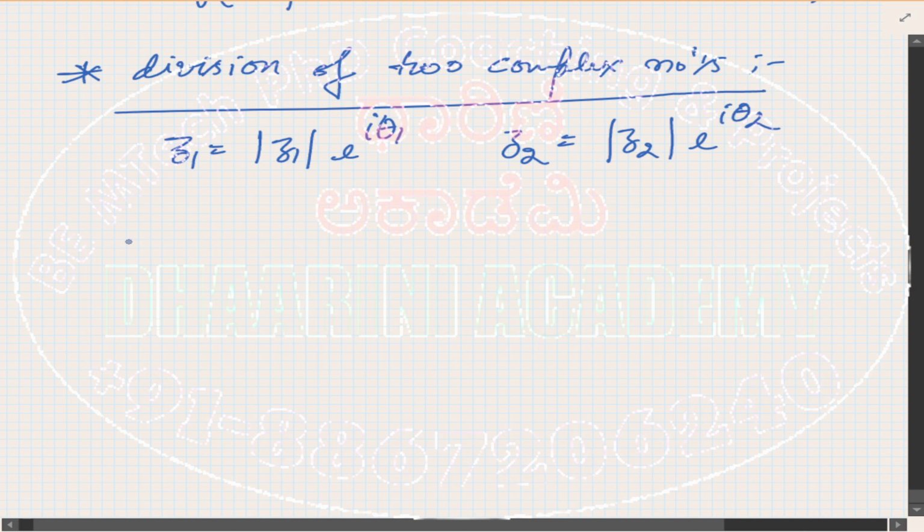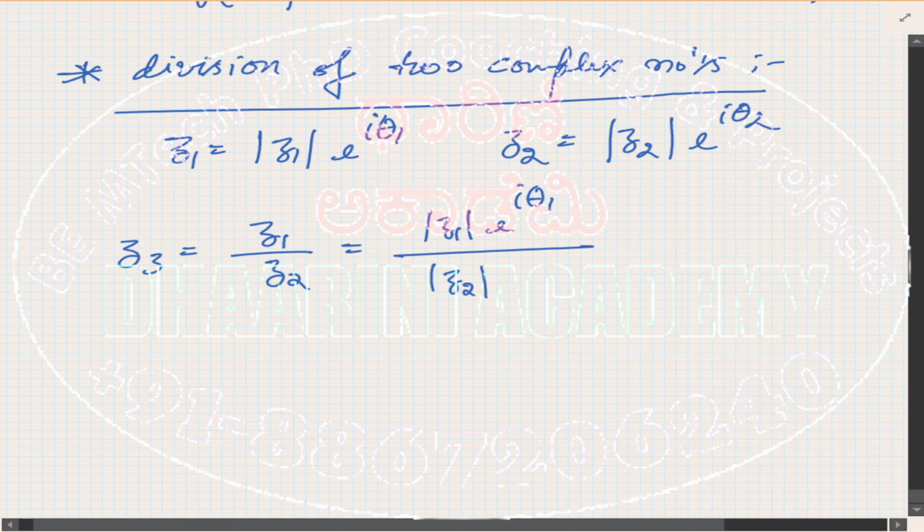Right, now if you call z3 equal to z1 by z2, it is magnitude z1 e to the i theta 1 whole divided by magnitude z2 e to the i theta 2.